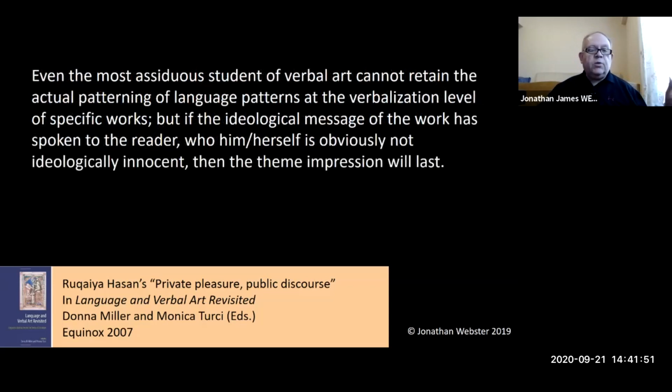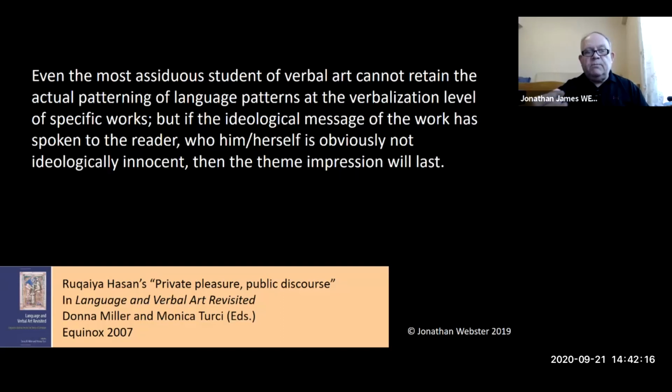Even the most assiduous student of verbal art cannot retain the actual patterning of language at the verbalization level of specific works. You won't remember the exact wording, but if the ideological message of the work has spoken to the reader, who him or herself is obviously not ideologically innocent, then the theme impression will last.